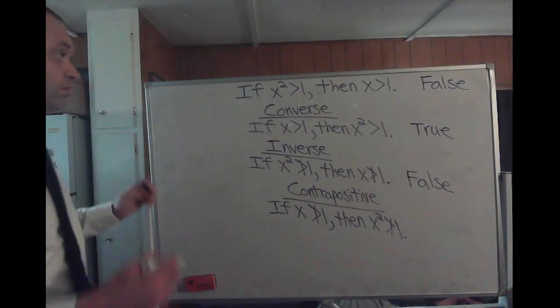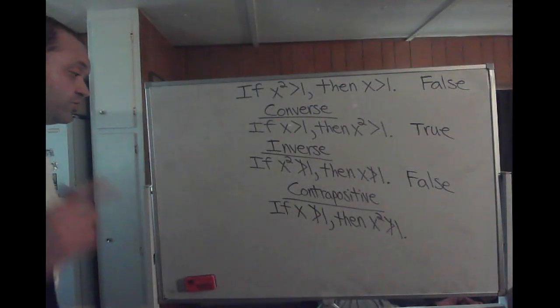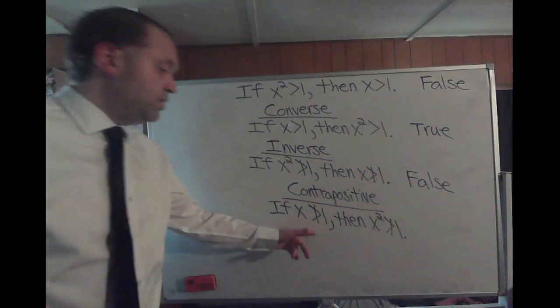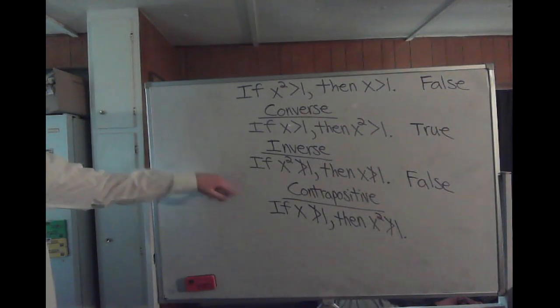Would that be true or false? Would that be a true or false statement? Well, okay. So not greater than 1. What if, again, we put in some values here?